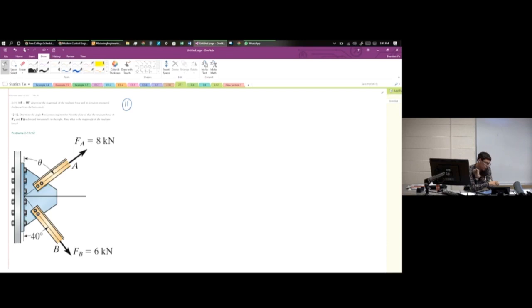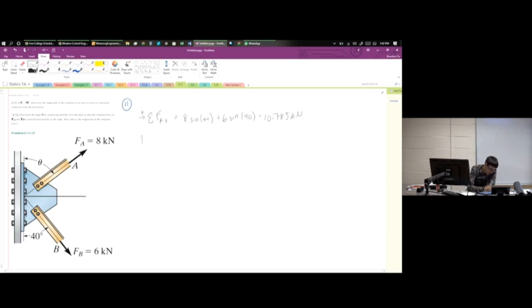Since we are running low on time, I'll probably just do this one. You guys can follow along. You would have your rightward plus sum of FRx equals 8 sine 60 plus 6 sine 40, right? And that would be your 10.785 kilonewtons.